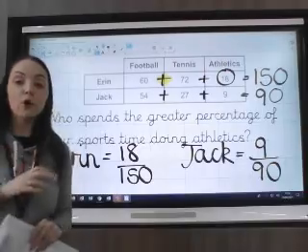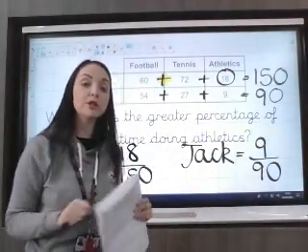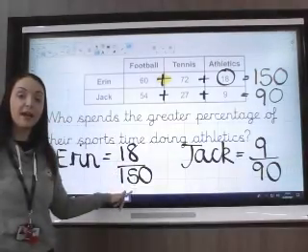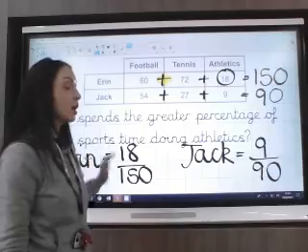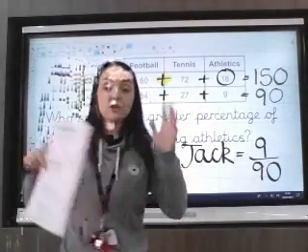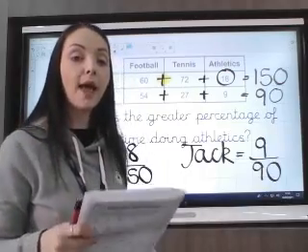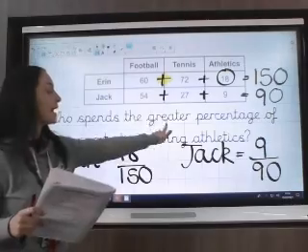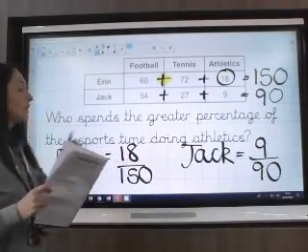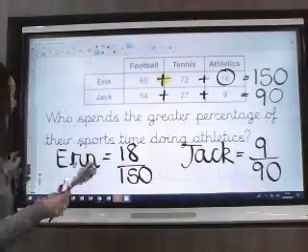Before you can even think about changing those into a percentage, like we did earlier, you're going to have to simplify them. You're going to have to divide both of those by whatever goes into both of them, make it the smallest it can be, and then change it so it's over 100. Once you've got your percentage for both, you can see who spends the greater percentage of their sports time doing athletics. So that's the first part.